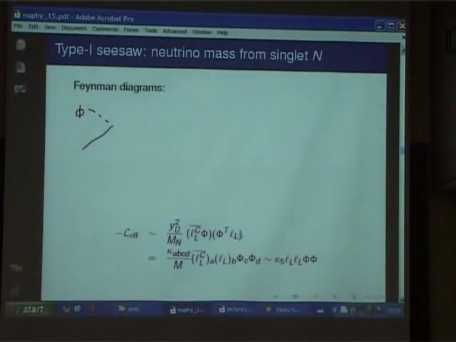Depending on what the combinations of Feynman rules inside are, I will say this is LC bar, L, phi and phi. And what will happen to this effective Hamiltonian? It will be some combination of whether I can have LC bar times L or LC bar times phi and so on.